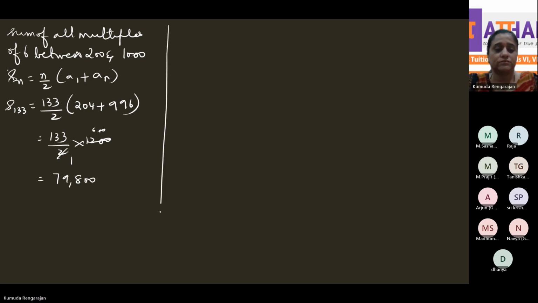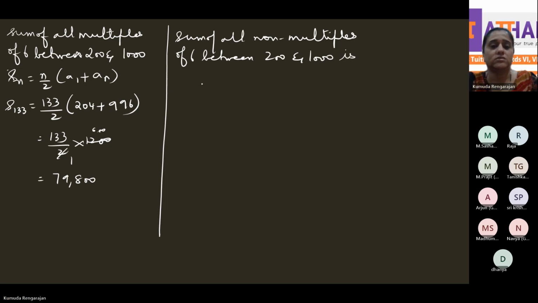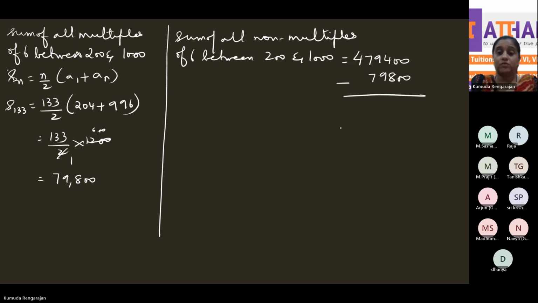Now the sum of all non-multiples of 6 between 200 and 1000 is equal to 479400 minus 79800, which is 3,99,600.